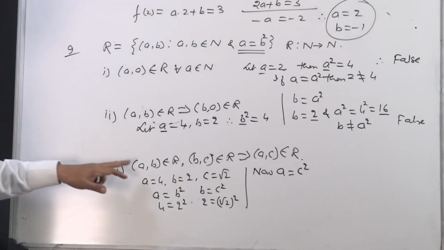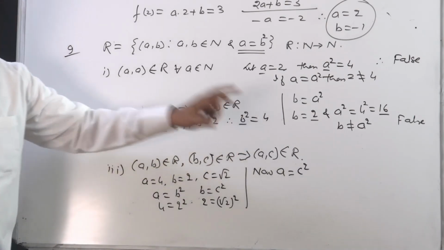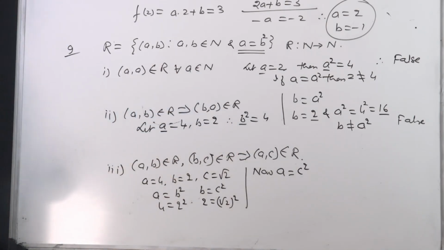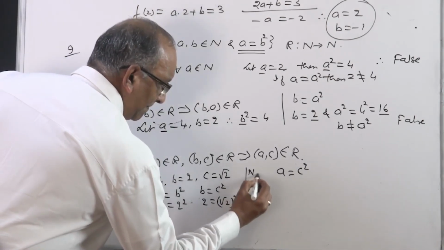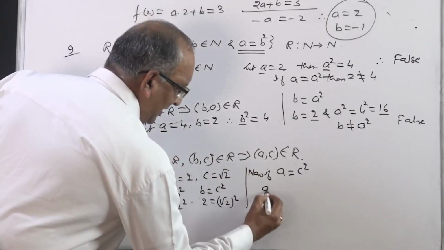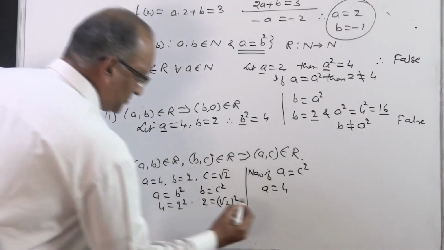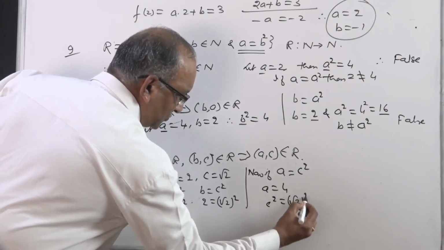What is the relation? If A and B are related, and B and C are related, it implies that A and C are related with the same relation. So if A equal to C square, what is A? A is 4. What is C square? C square is root 2 square, which is 2.